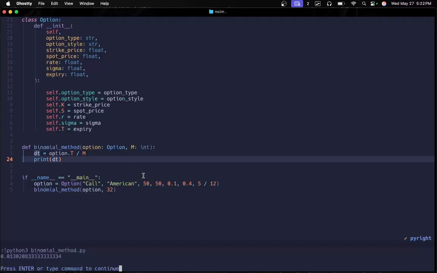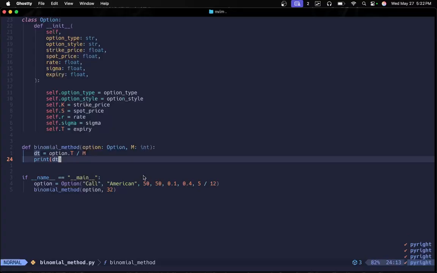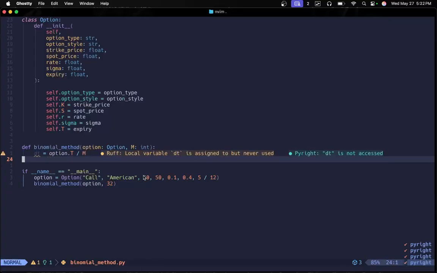So if we start at 0, all the way, I think that we need to calculate our u, our up factor, our down factor, our probability.